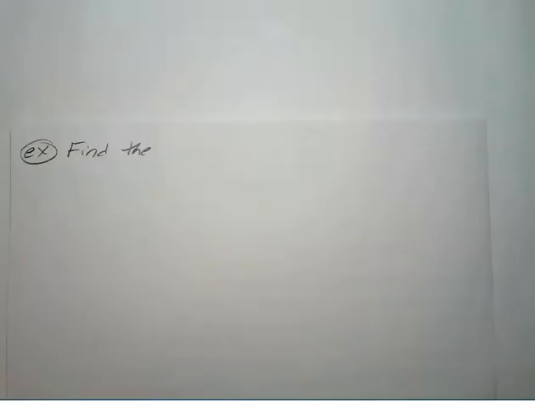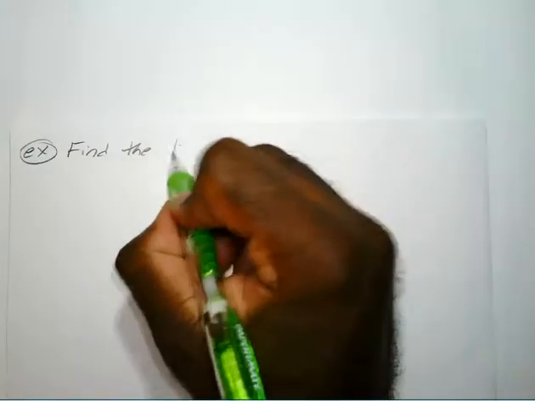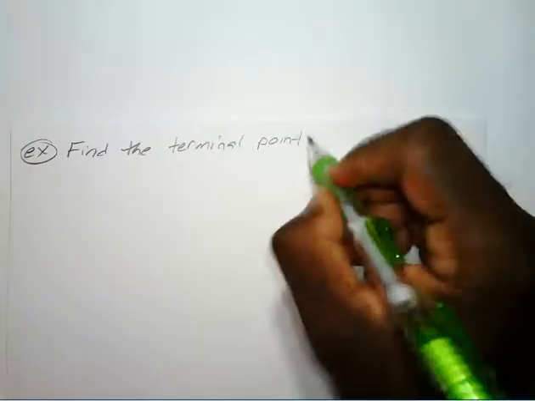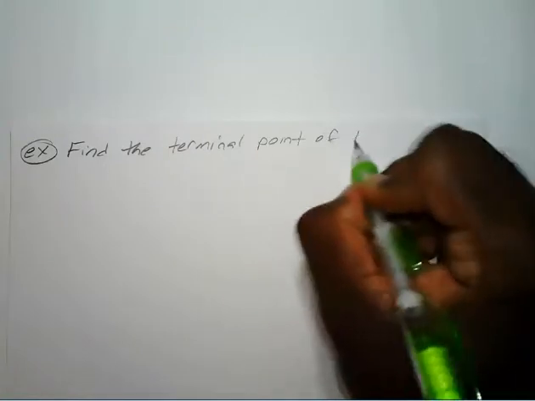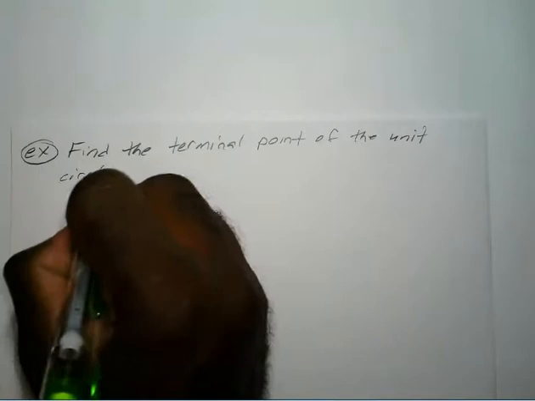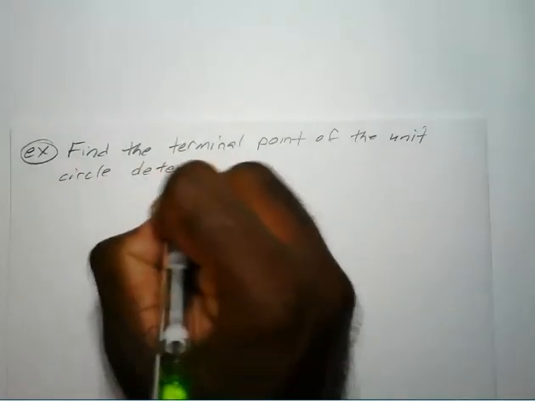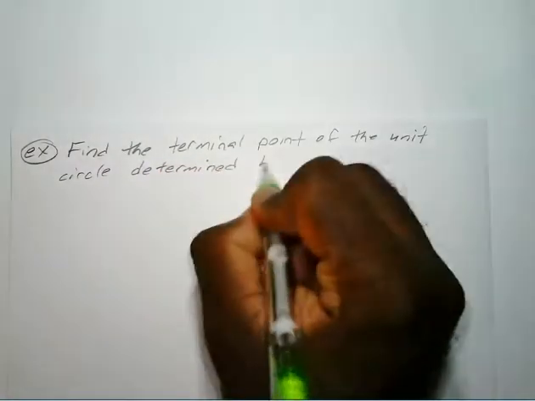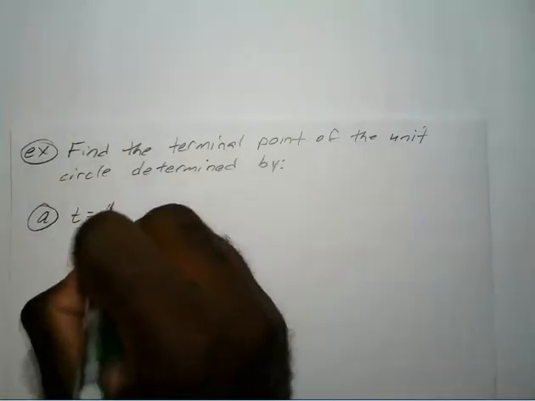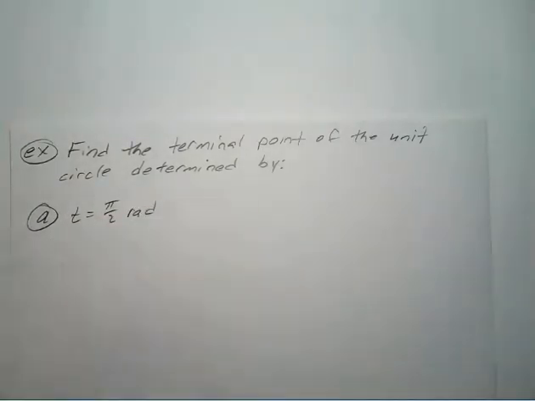Okay, so for this example, we want to find the terminal point of the unit circle determined by, so for problem A, t equals pi over 2 radians.